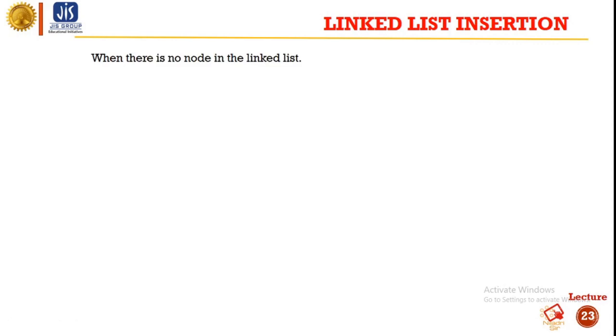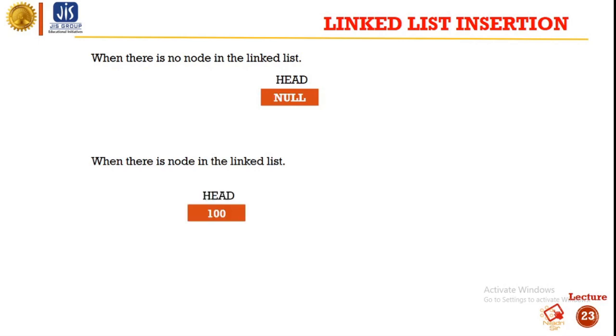There is another aspect. When there is no node in the linked list, how will we insert a node? Suppose the head is null now. There is no node in the linked list, so this node is inserted.